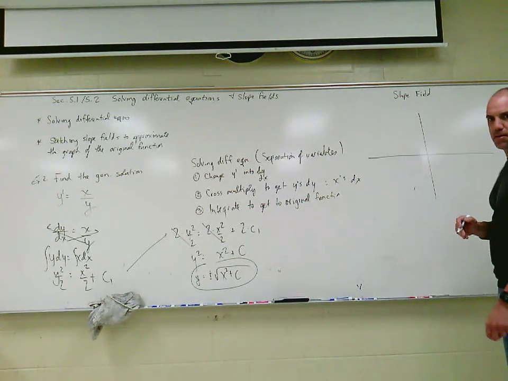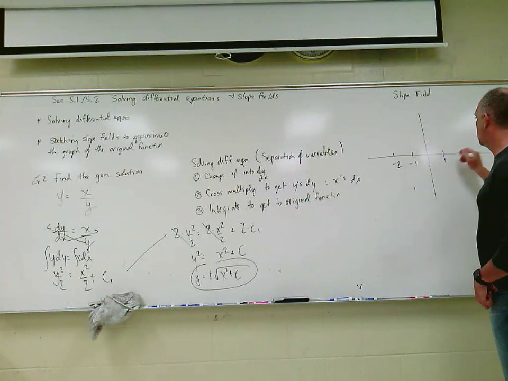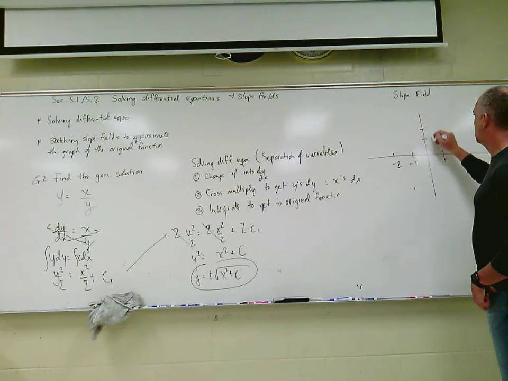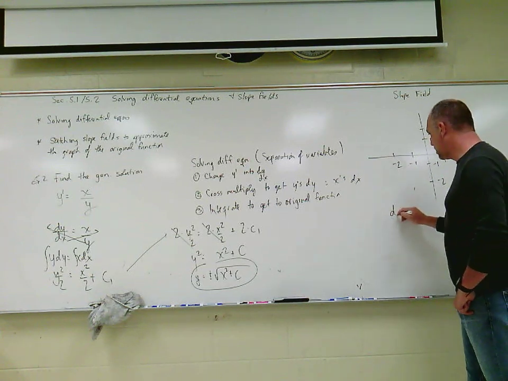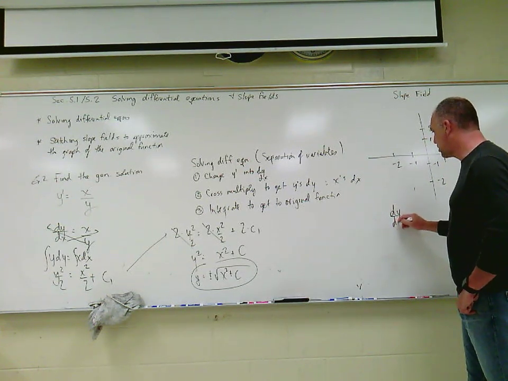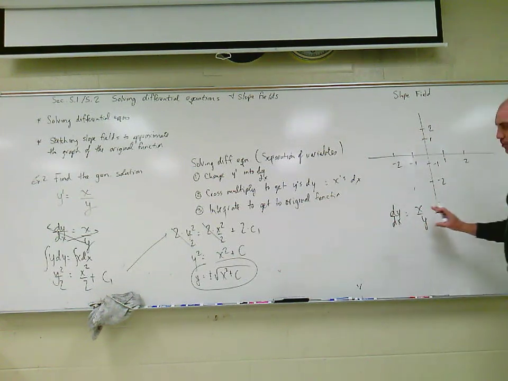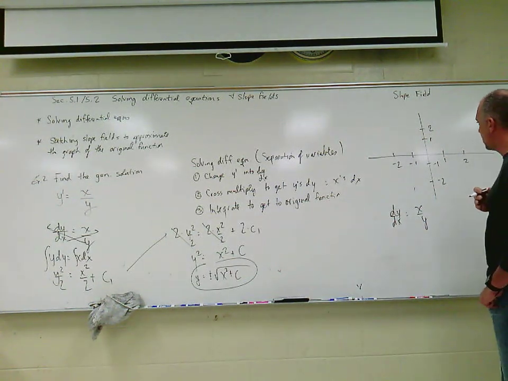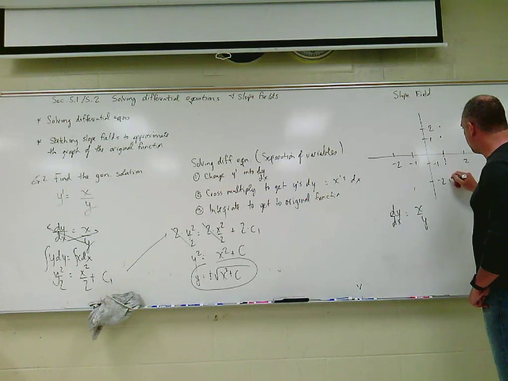So make sure it's showing up there. So we'll just do -1, -2, 1, 2, 1, 2, -1, -2. Now we're going to plug in our dy over dx is x over y. So this is what we're going to plug in now. So for instance, I'll do x is 1 first. So I have 1, 2, 3, 4, 5 points.